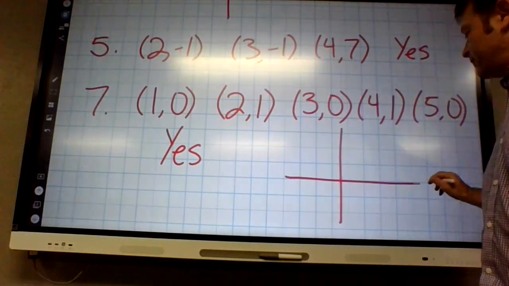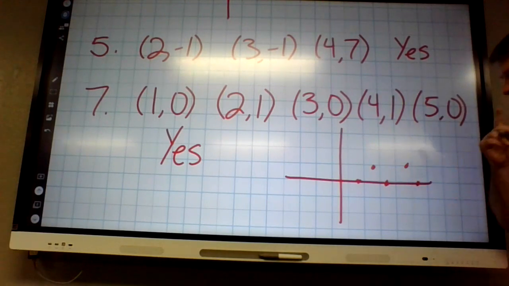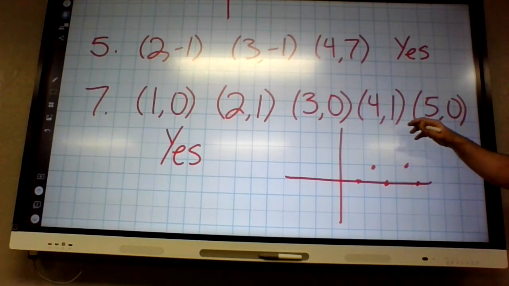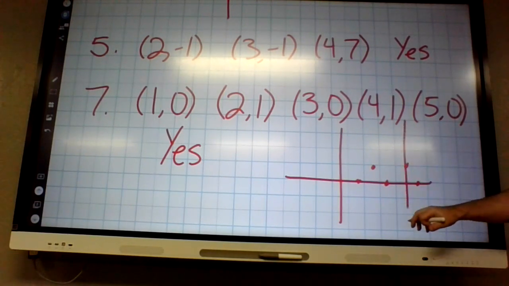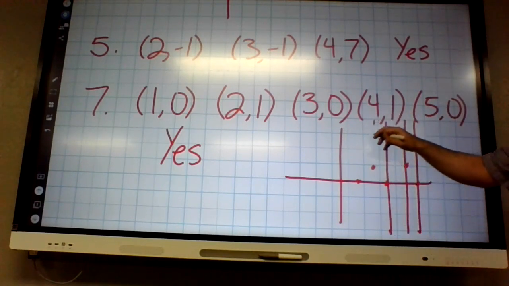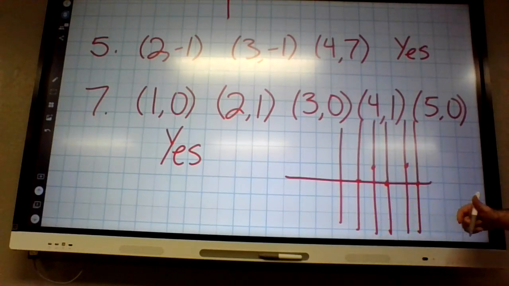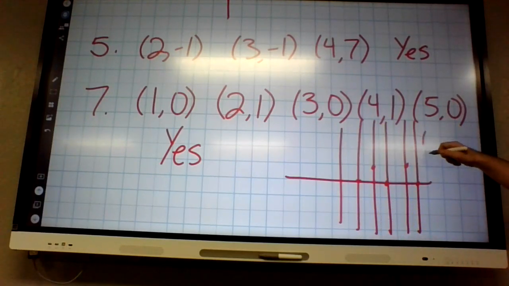When you graph a function, if you can draw a vertical line and it only hits the graph once, then it is a function. So what makes it not a function? Let's say instead of just 5, 0, it had 5, 2.